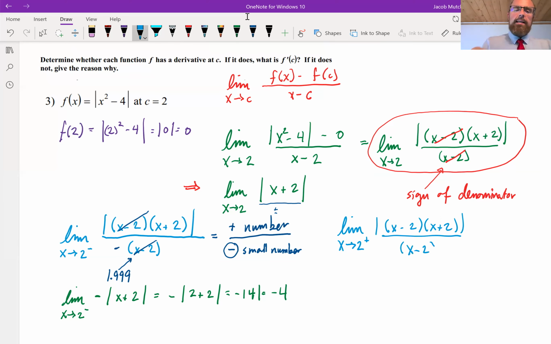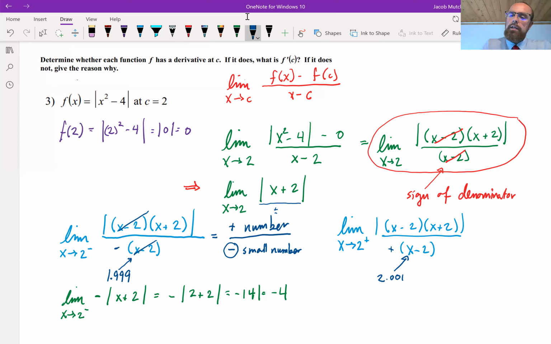So in that case, this number would be slightly bigger than 2, something like 2.001. And so the sign on this denominator would have been positive as I approach 2 from the right.